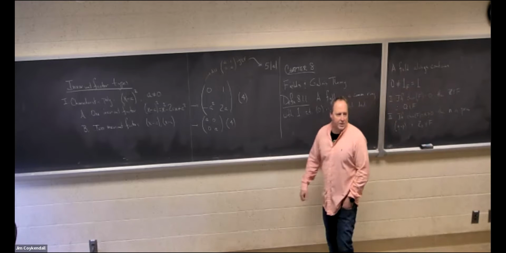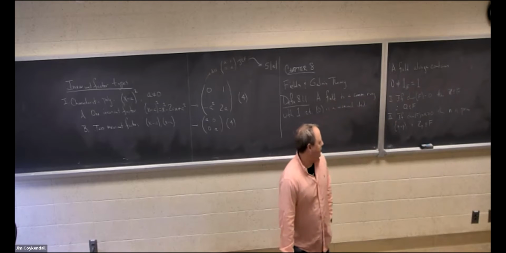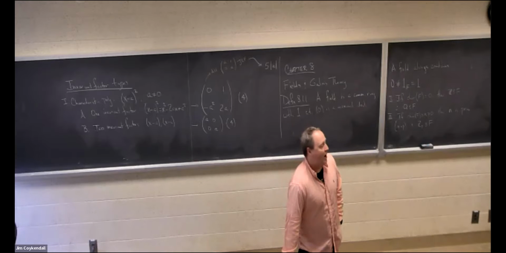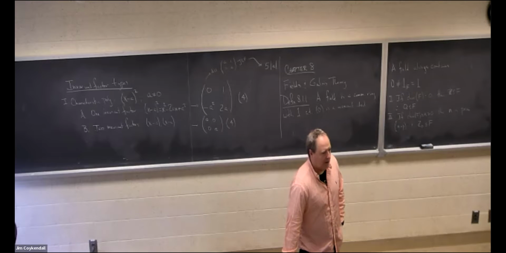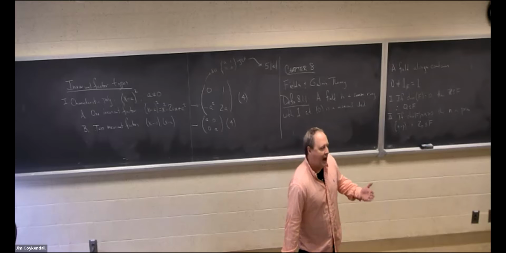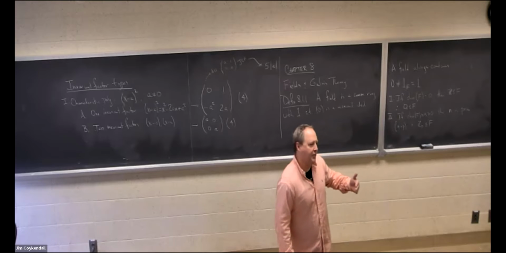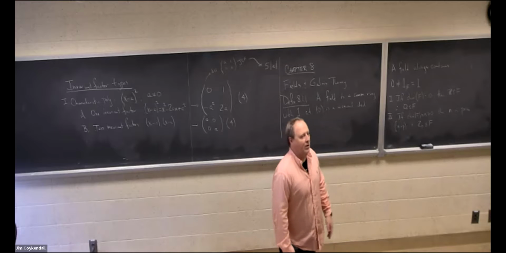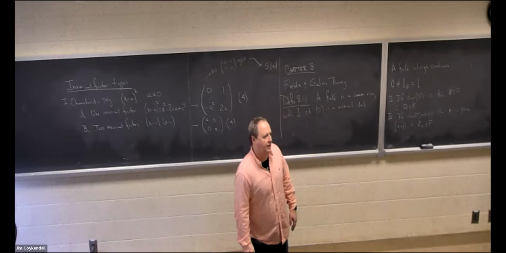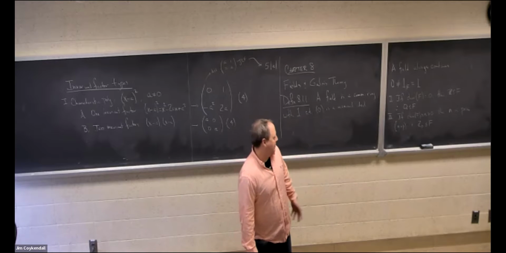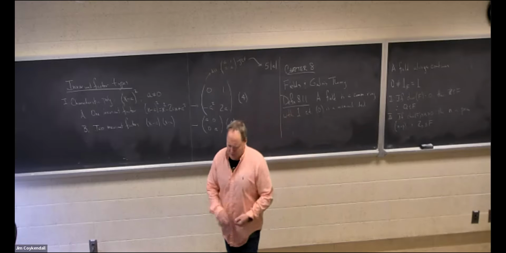And the field contains Z mod P, a copy of that. To get the rational numbers from the integers, you have to take fractions, but you don't for the finite field, because everything creates its own inverse magically as it goes along.